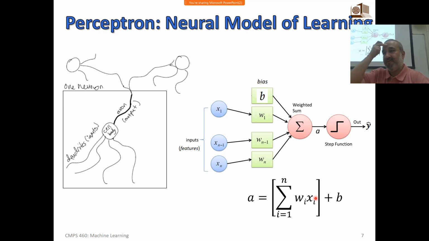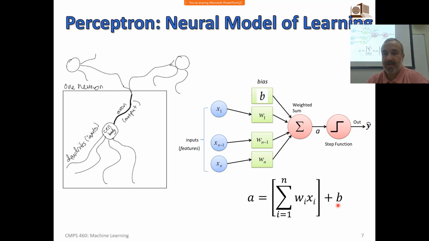Instead of the threshold always being 0, we can control it. We can say, okay, if it's greater than 3, then it will fire, or if it's greater than minus 5, it will fire. So that's a parameter now. We add it to be more flexible in terms of the threshold of firing. If the weighted sum is equal to 0, then it depends on the value of b. If b is positive, then it will fire. If not, then it will not.